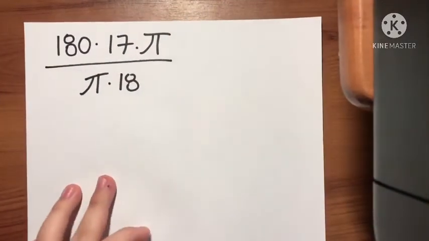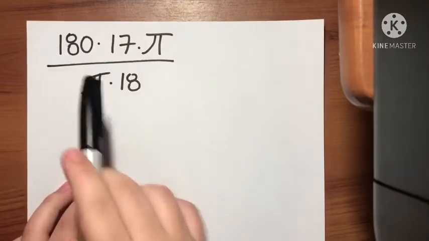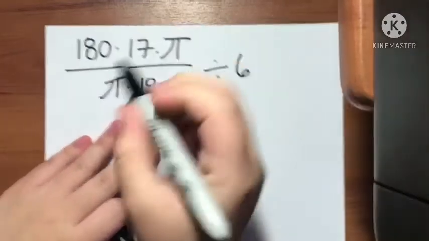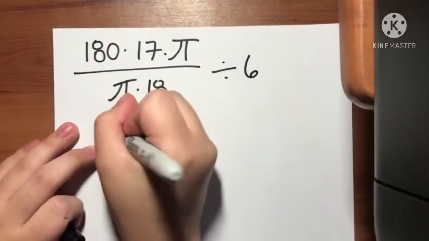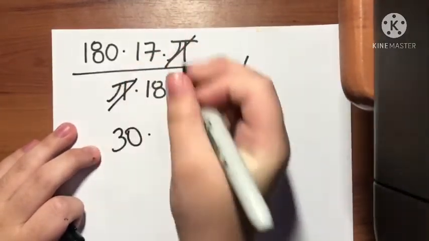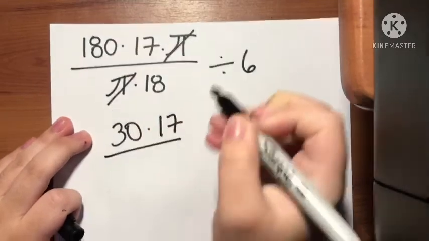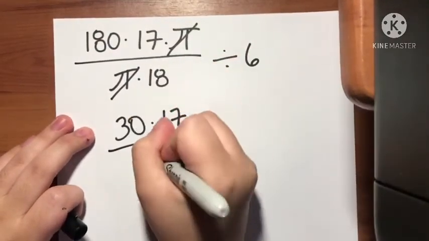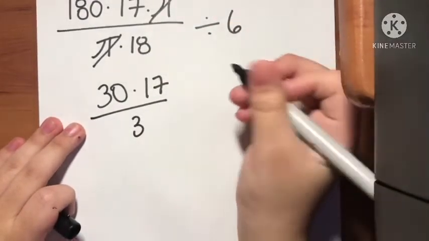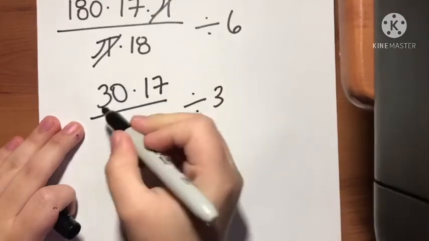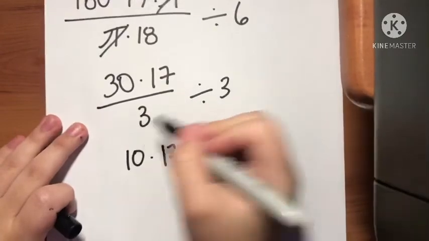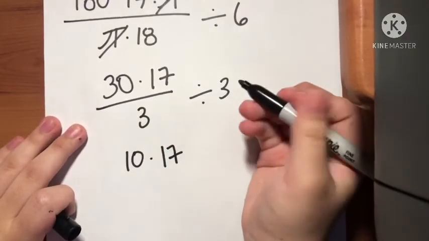This is the same exercise as before. 180 and 18 can be both divided by 6. 180 divided by 6 is 30 times, remember that we cancel pi, times 17 over 18 divided by 6 is 3. 30 and 3 can both be divided by 3. 30 divided by 3 is 10 times 17, and 3 divided by 3 is 1, so it cancels.